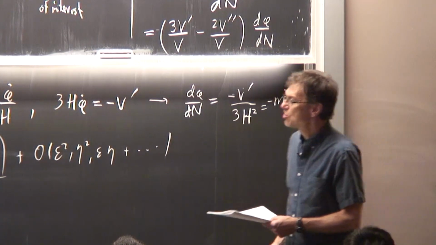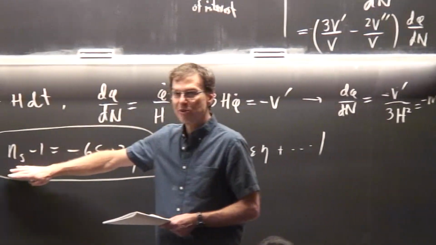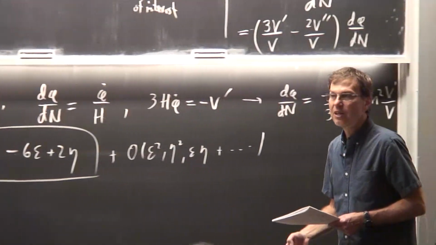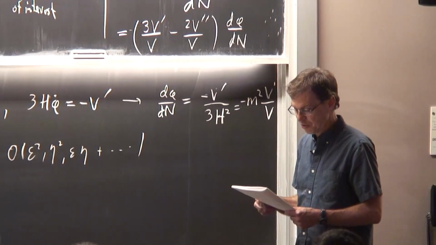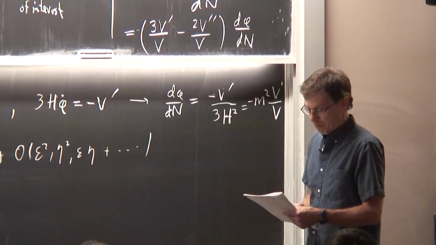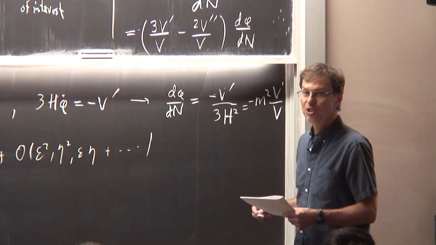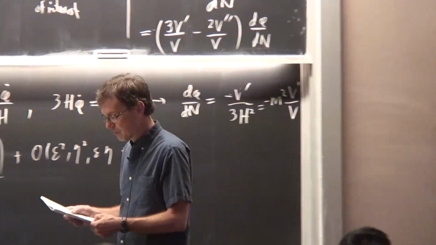Okay, so that's how to take the number that's measured by Planck and pit it against your inflationary model of interest. But in addition to the spectral index, there's also the amplitude of the power.